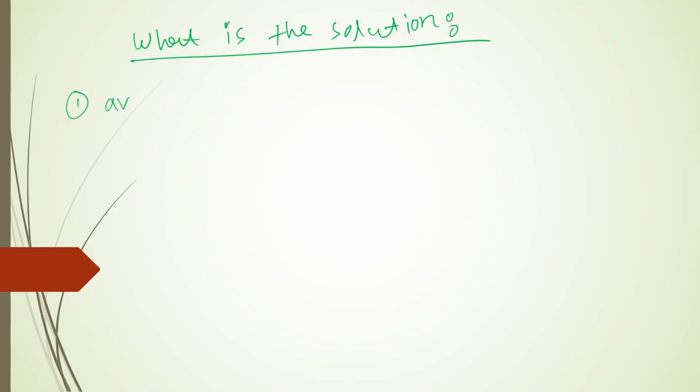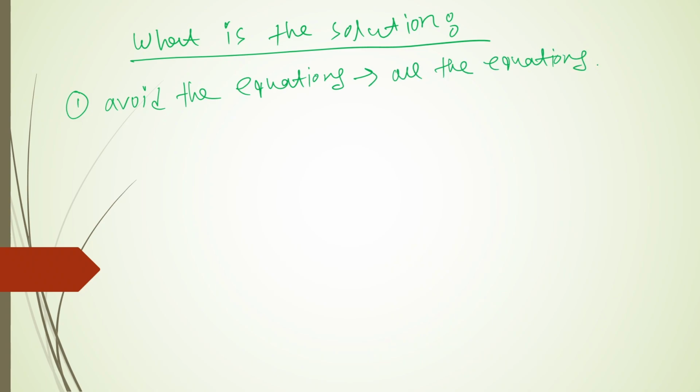Number one, avoid the equations. That means all the equations. Second, we need a new design procedure or new design technique.